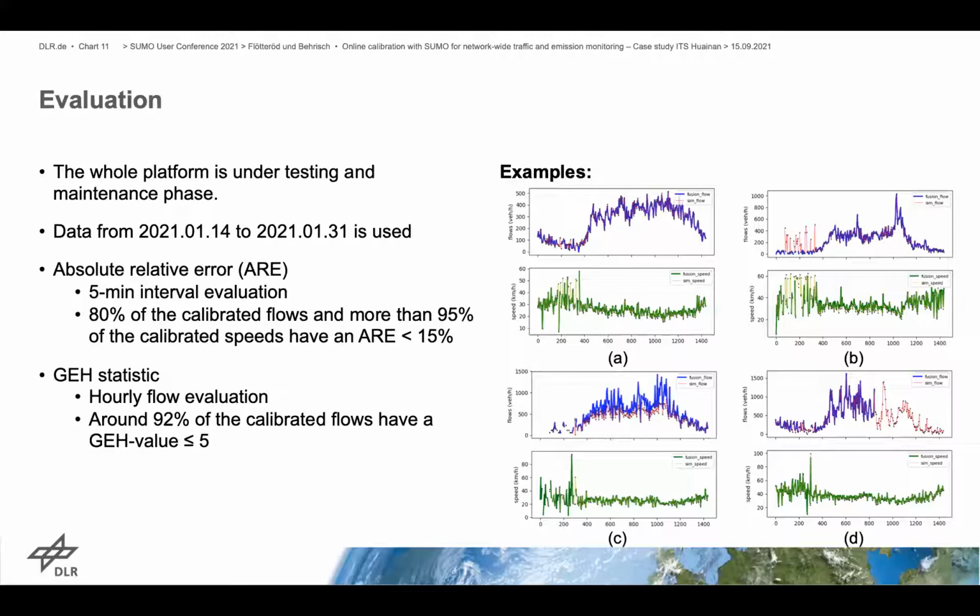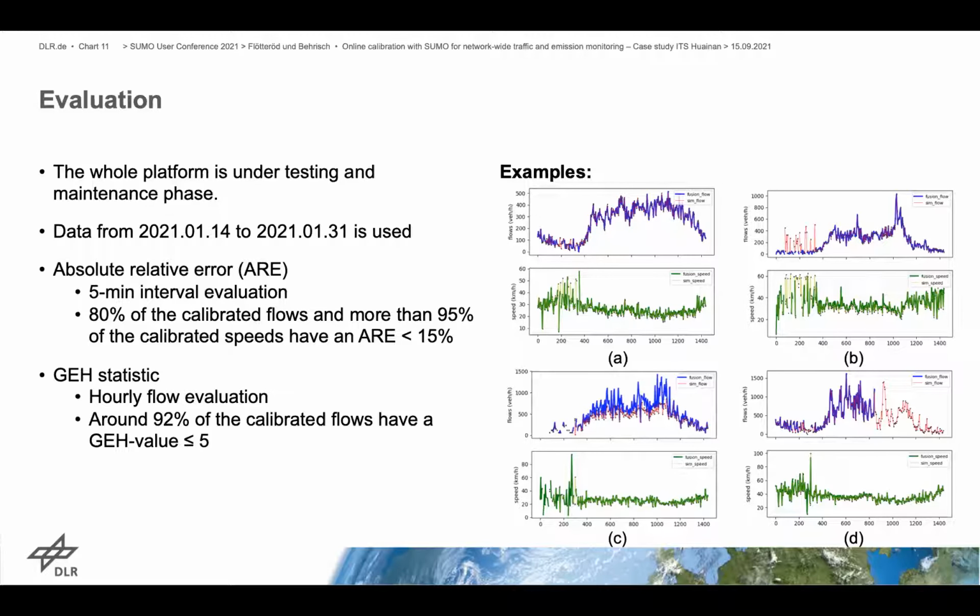So currently, the whole platform is in the testing and maintenance phase. We took 2 weeks of data at the beginning of this year to examine the calibration performance. When looking at the data at 5-minute intervals, we used absolute relative error for evaluation.